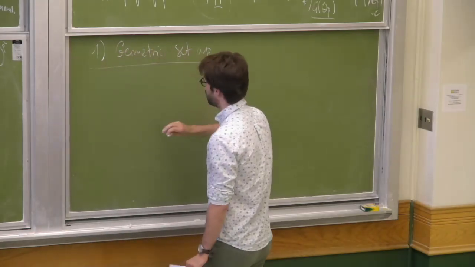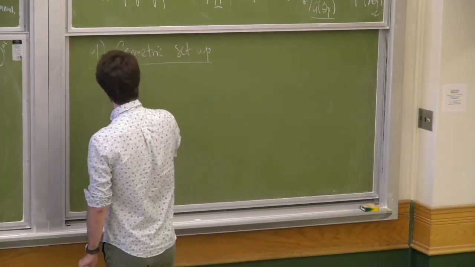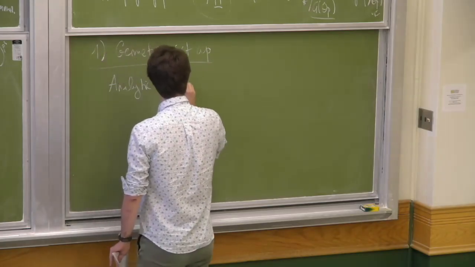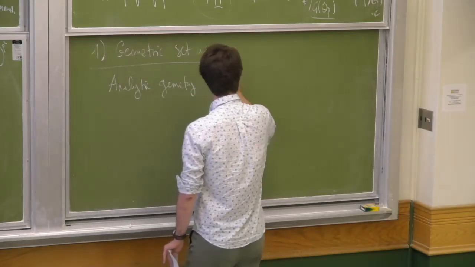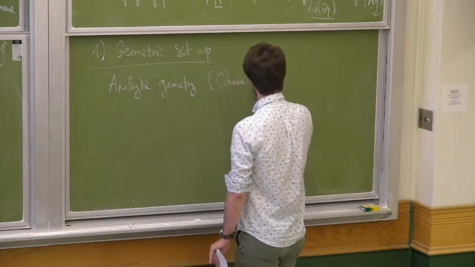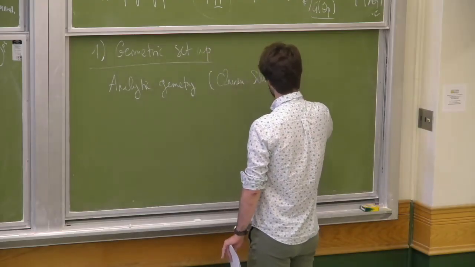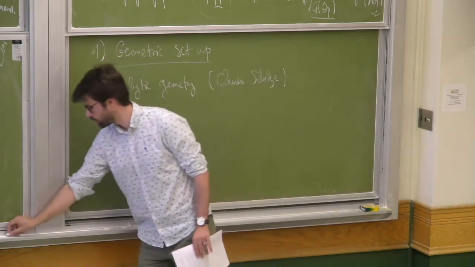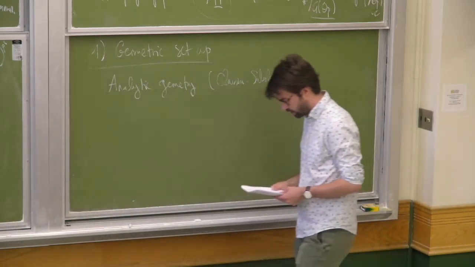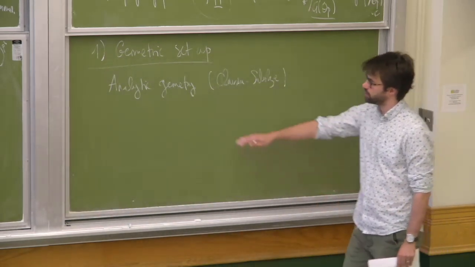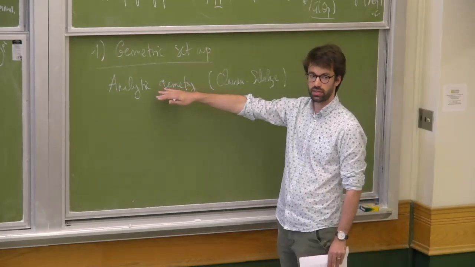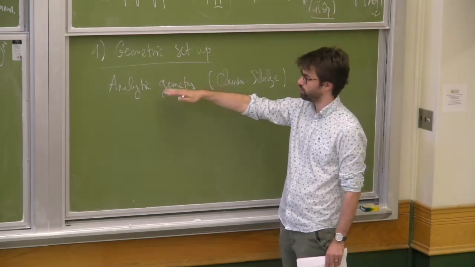So our geometric setup will take place in the context of Clausen and Scholze's analytic geometry. And I want first to briefly explain what this is. Here the idea is to try to do geometry in various analytic contexts in exactly the same way you do algebraic geometry.